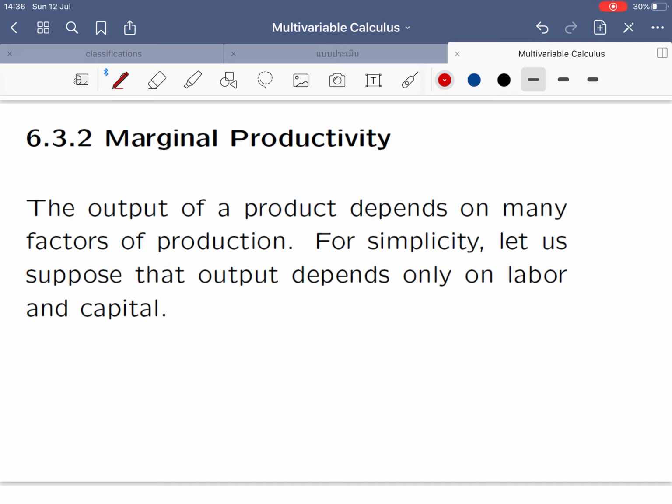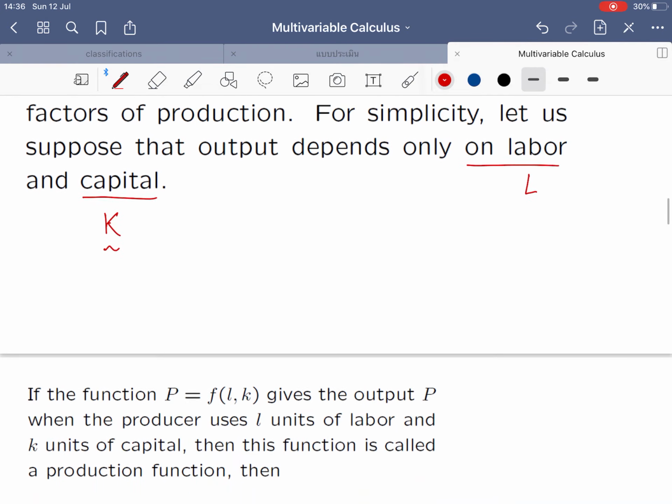For simplicity, let us suppose that the output depends on the labor L and the capital K. You may say, why don't we use C? Because the C is already reserved for the cost function, and we use the K instead because in German the K is actually the C in English. So we use the L for the labor, the K for the capital.